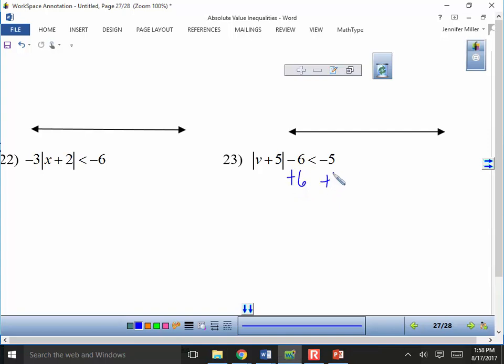And when we add 6 to both sides, we see that the absolute value of v plus 5 is less than a positive 1. So that special case scenario in our head is no longer actually a special case scenario, is it? And we would solve this from here, correct?